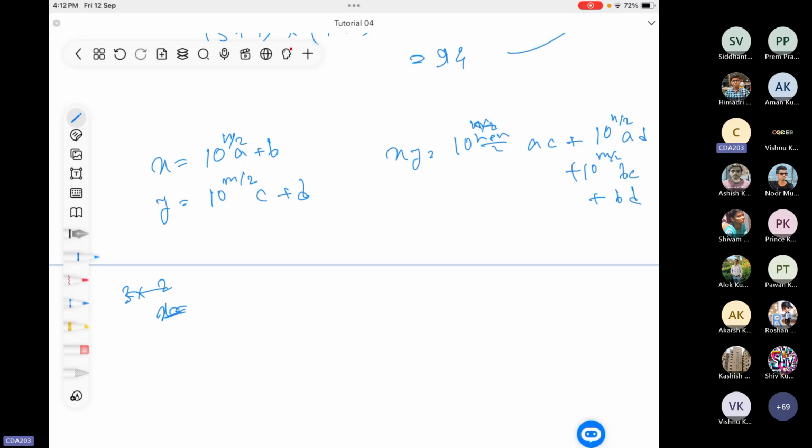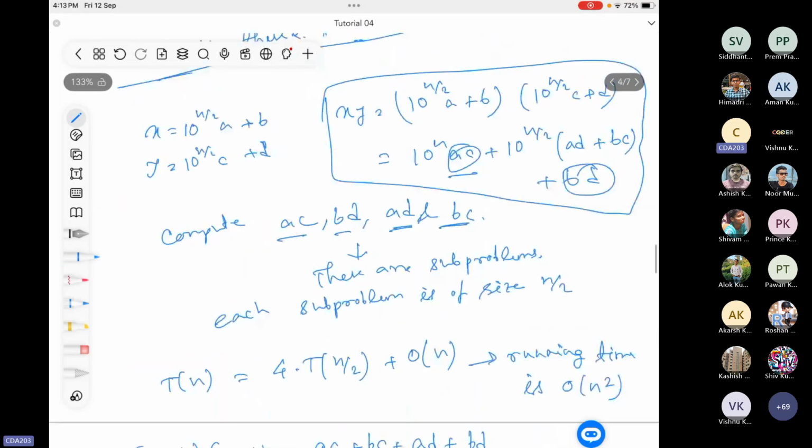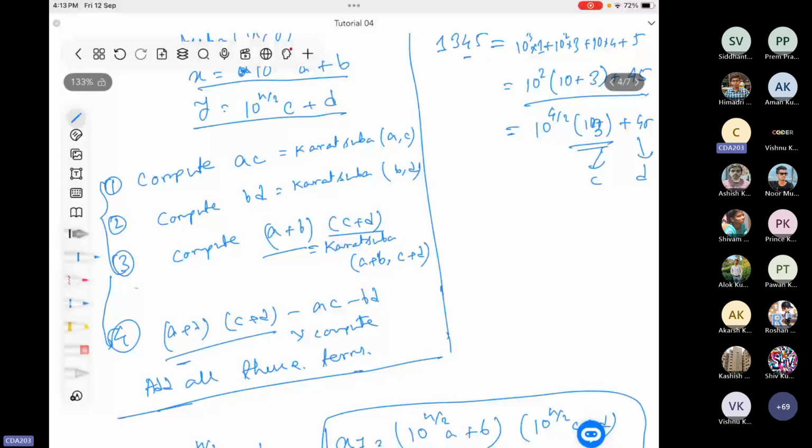So even if we take it, there will be some n minus m by 2 type of factor left with the AD part. So keep in mind that you have some factors in there, and your addition, the part that we have done now, would be a little bit different.